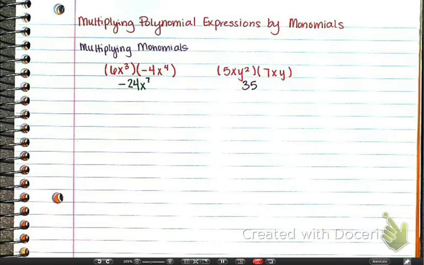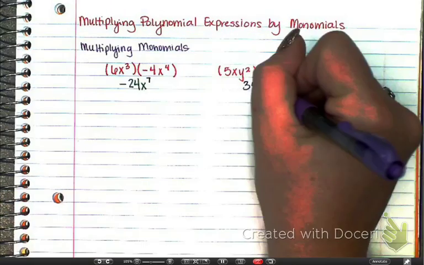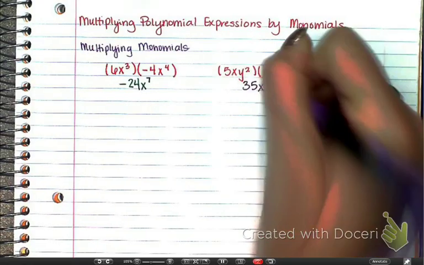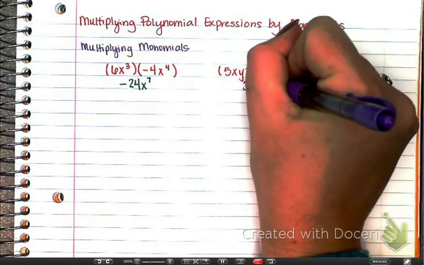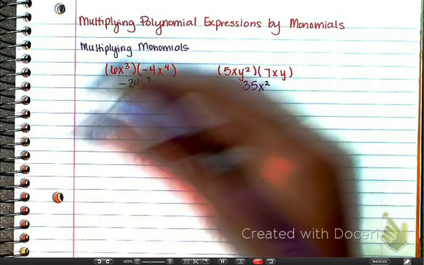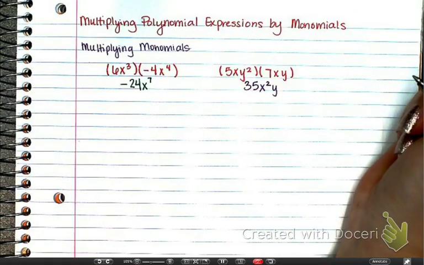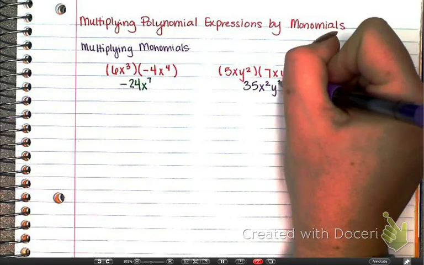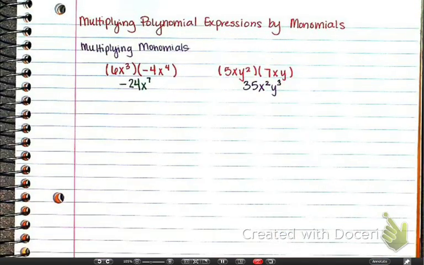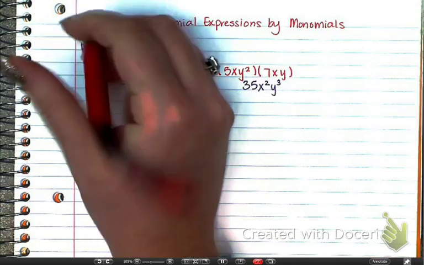Okay, so 5 times 7 is 35. How many x's do you have total? 2. Right? You have 1 here and 1 here. And I have y to the third. 2 plus 1 gives me 3. Are we okay with that? So multiplying coefficients, adding exponents. Yeah? Okay.